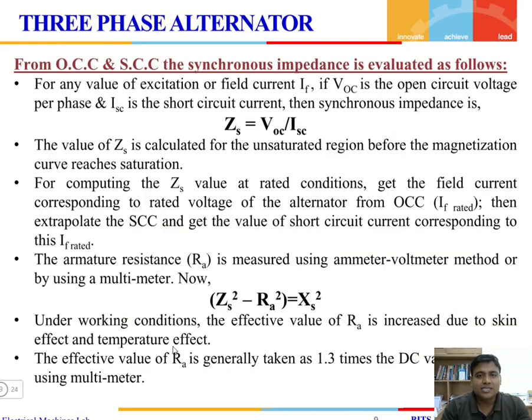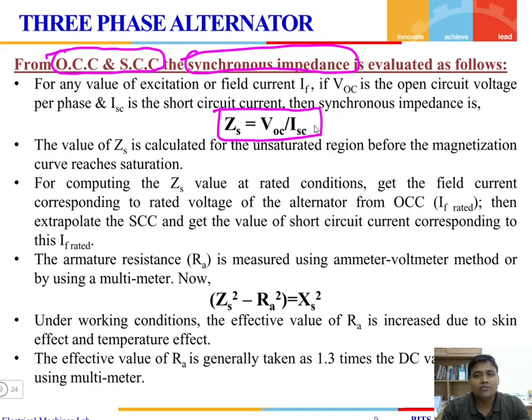So from the OC and SC tests, that is the open circuit and short circuit tests, we will first find the synchronous impedance. The synchronous impedance ZS is basically the open circuit voltage divided by the short circuit current.